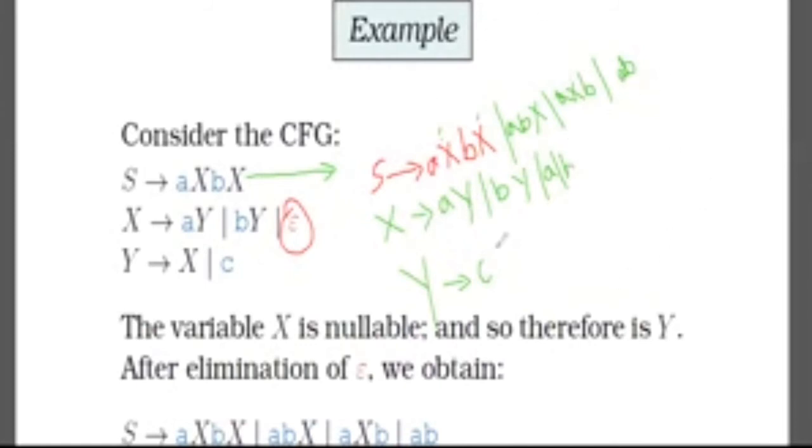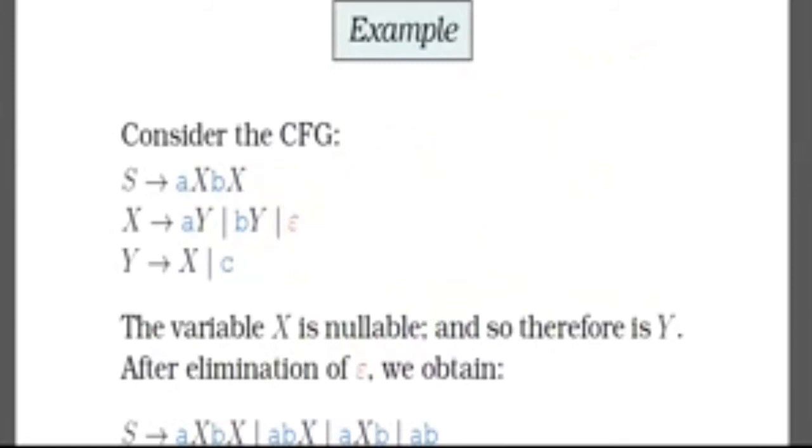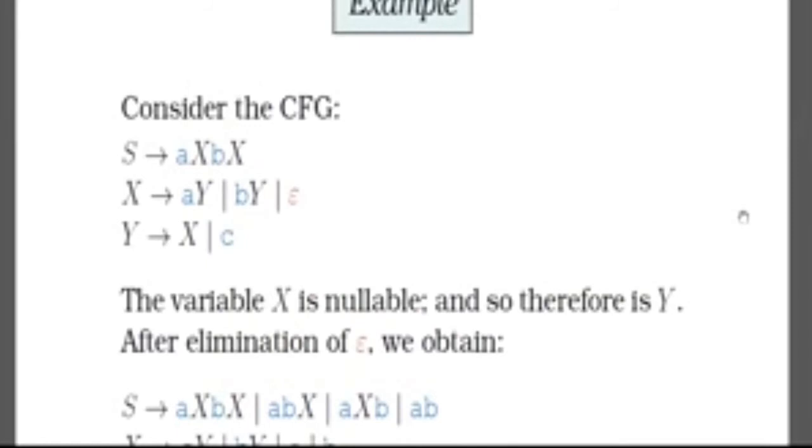So these are the productions without epsilon symbols in them, right? This is what you can see here in the grammar. This is the grammar which is free from epsilon productions.